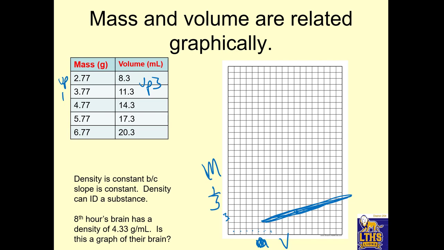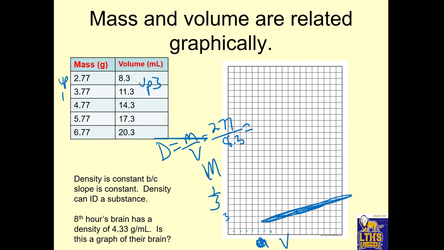Remember, density is mass over volume, so I could take any of these numbers. If I took the top number, 2.77 over 8.3, I put it in my calculator: 2.77 divided by 8.3.